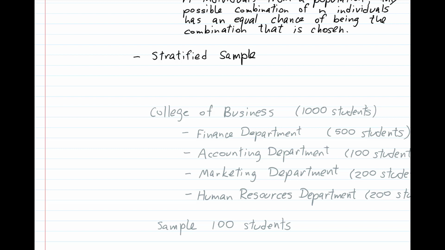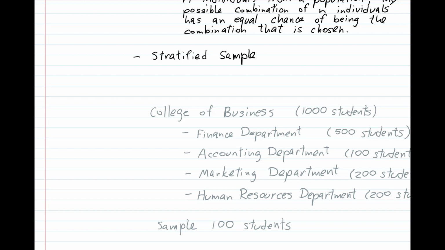So you might say to yourself, half of the college is in finance, so I would like half of the sample to come from finance. 10% of the college is in accounting, so I would like 10% of my sample to come from accounting. And marketing and human resources each make up 20% of the college, so I would like them to make up 20% of my sample. I mean, that's a very realistic desire, right?